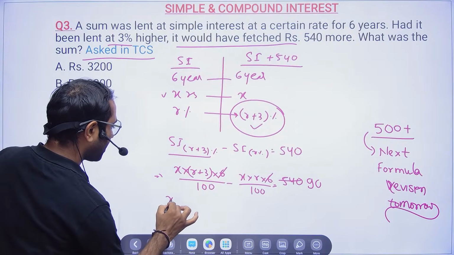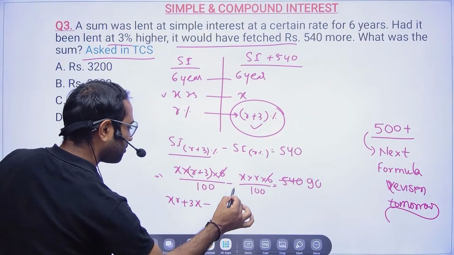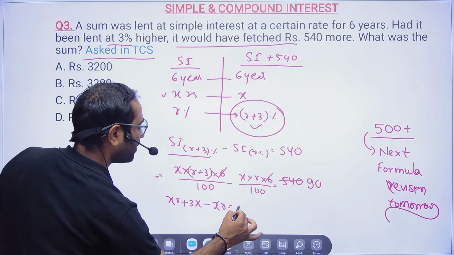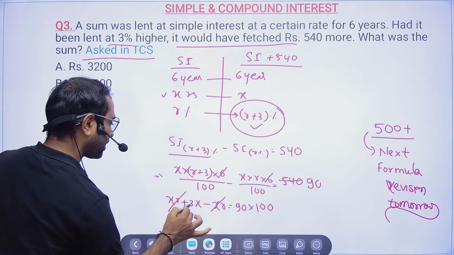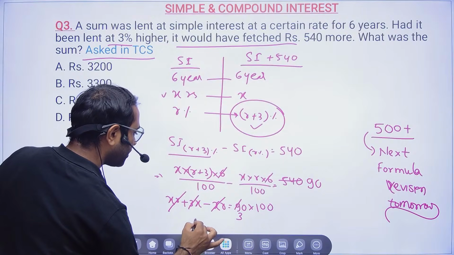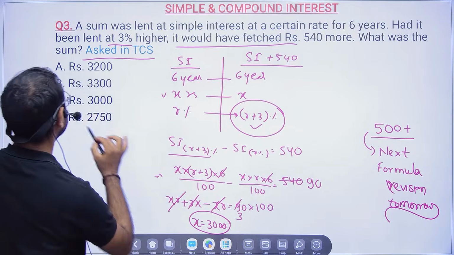So here xr plus 3x, and this 100 will go that side, minus xr equals 90 into 100. xr and xr cancelled, 3 times x, so x will be 9000 by 3. That means the principal is nothing but 3000.